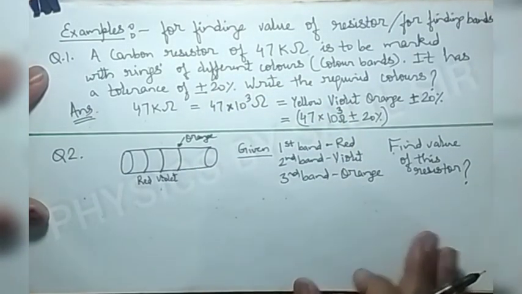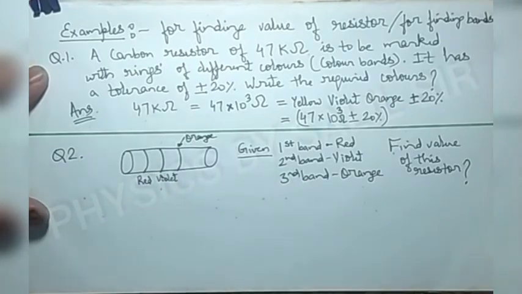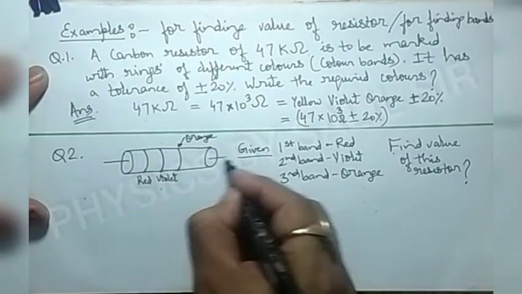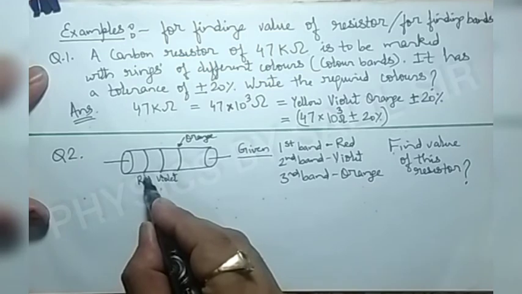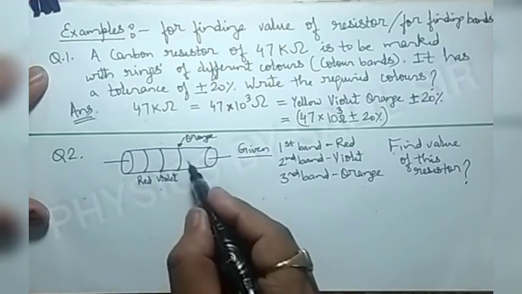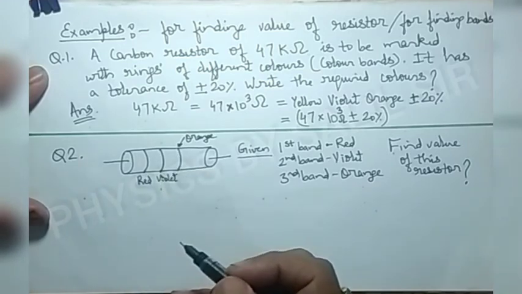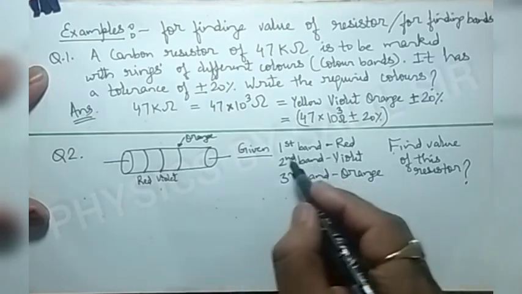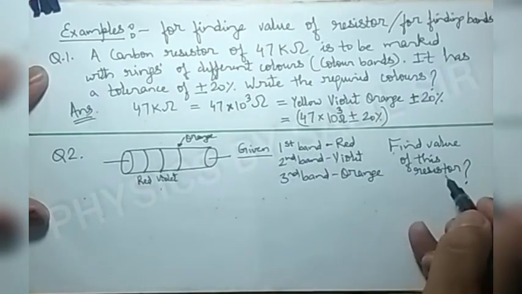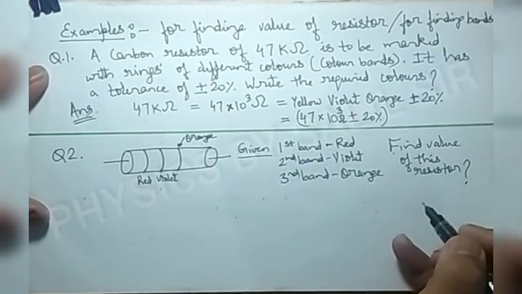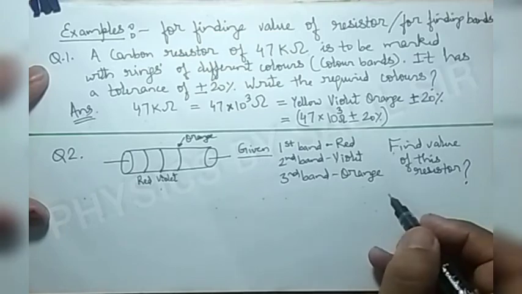Now the second type of question is the direct question, in which the resistor is given. The first color is red, second is violet, third is orange. This is given. Now you have to find out the value of this resistor. How can you find the value of this resistor?